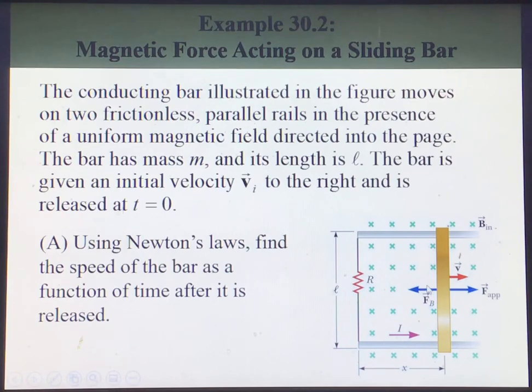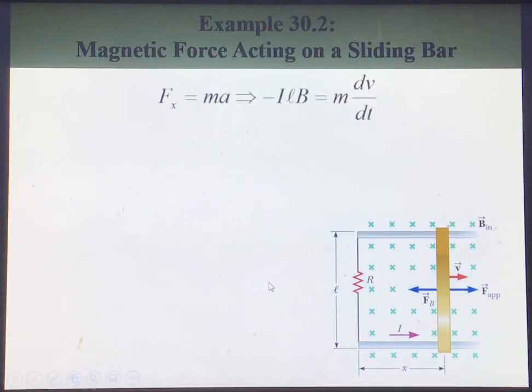Because the magnetic force is pointing to the left, you're going to notice that the velocity vector is going to reduce in magnitude, because the magnetic force is acting in the opposite direction. So we can set up the system like this. Newton's law tells me that the sum of all the forces acting on the system is just equal to the mass times the acceleration.